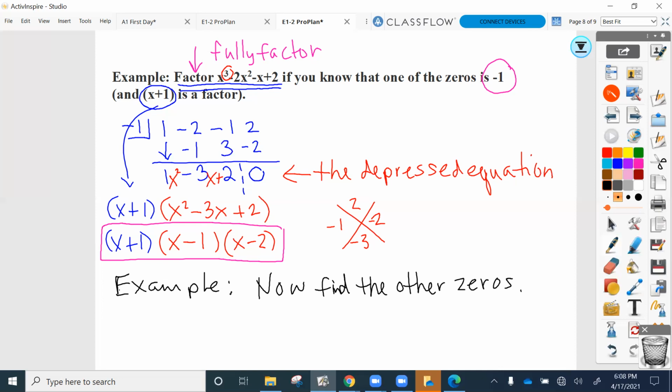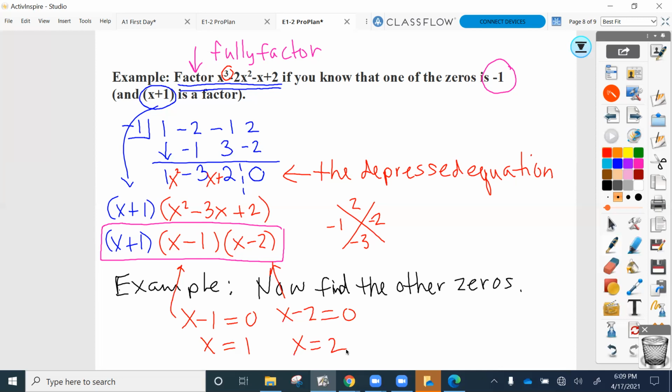So how you would do that is you would set x minus 1 from up here equal to 0, and also x minus 2 equal to 0. So you add 1 to both sides here and you get x is equal to 1. Add 2 on both sides here and you get x is equal to +2.